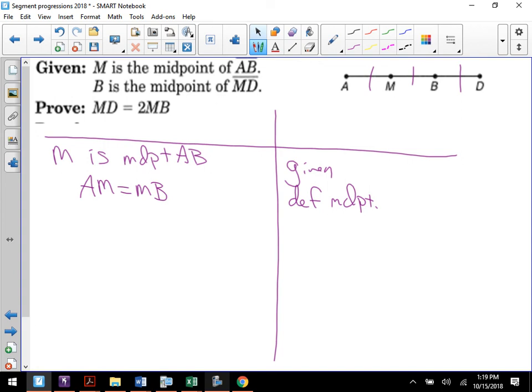This just tells you if you're given this, state this right away. Always do the statements right off the bat. Then you go to your next one. And according to our diagram, we already marked those. That means MB and BD are equal.